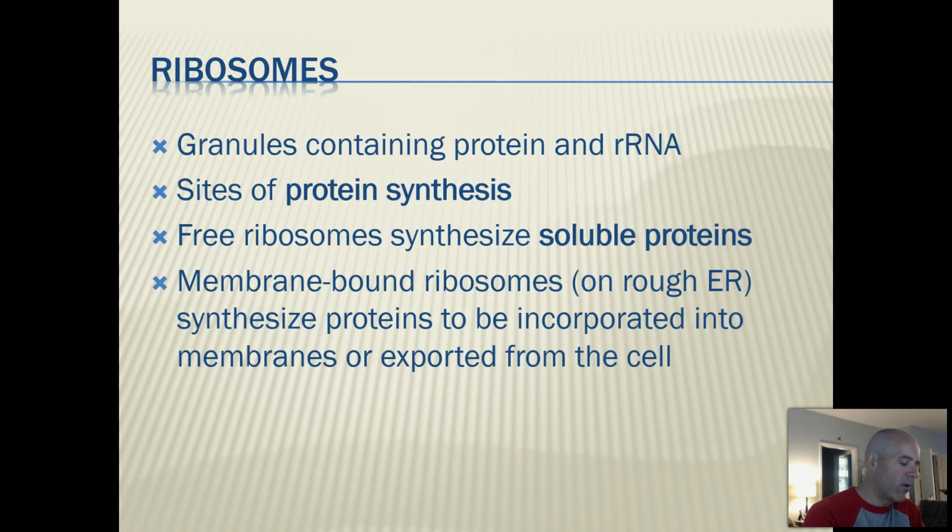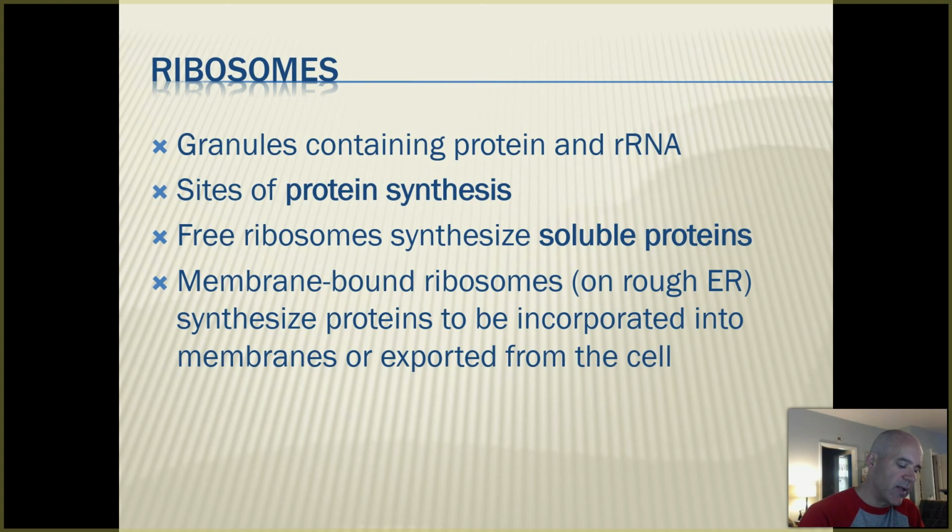All right, so the ones that are attached to the ER, they make proteins that are now, we've already seen you have lots of proteins in your cell membranes. So that's where those kinds of proteins are made, because they're not going to float around in the fluids inside the cell.